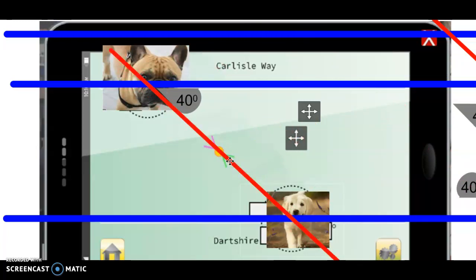What we have is parallel lines cut by a transversal. This whole lesson is about, if I know one of the angles, I can figure out all the other angles. That's how this program is working to tell the owners how to navigate to each other.